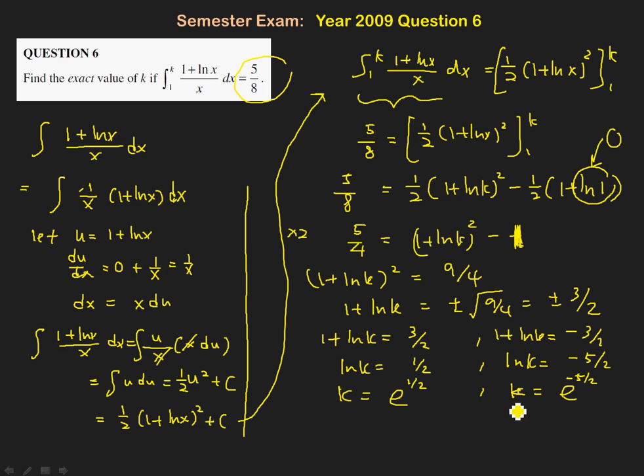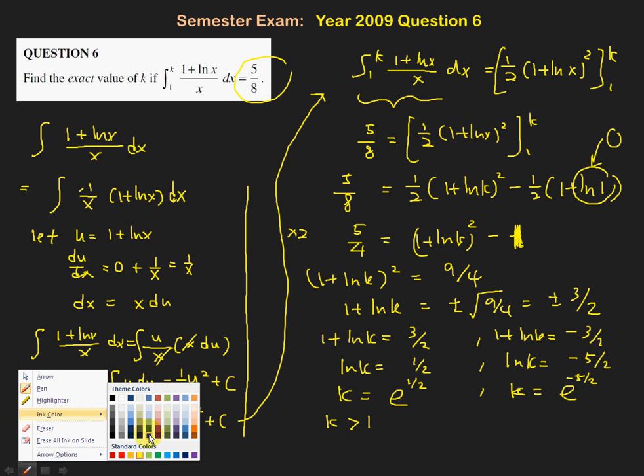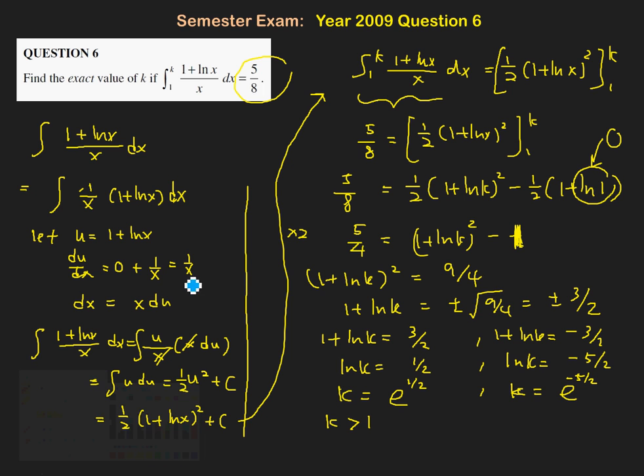k must be greater than 1 for this to make sense. Why? Alright, highlight this in a different color. This is the lower bound, this is the upper bound, and if these two values are the same, that means k equals 1. The integral, remember, is actually the area under the curve, and you get 0.